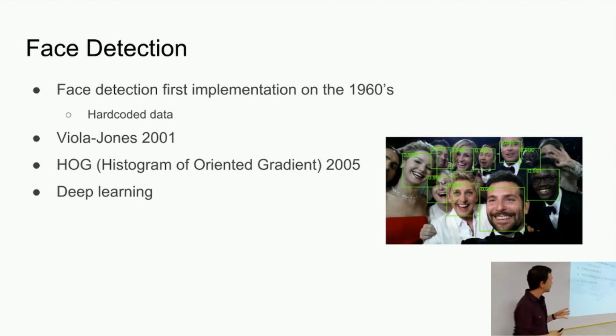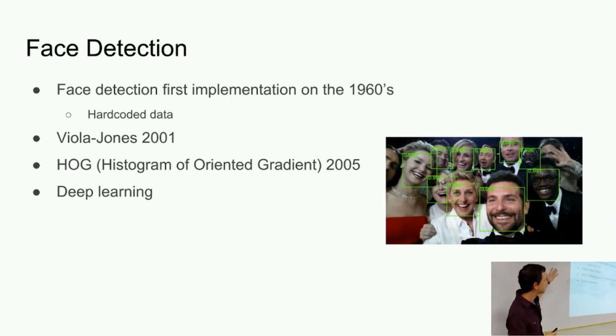And in 2001, two guys, Viola and Jones, came up with a very smart way to do face detection. This method is still very much used nowadays in many of our systems. If you take a normal camera, you might see a red square surrounding the faces of people. This is most of the time the Viola-Jones algorithm.